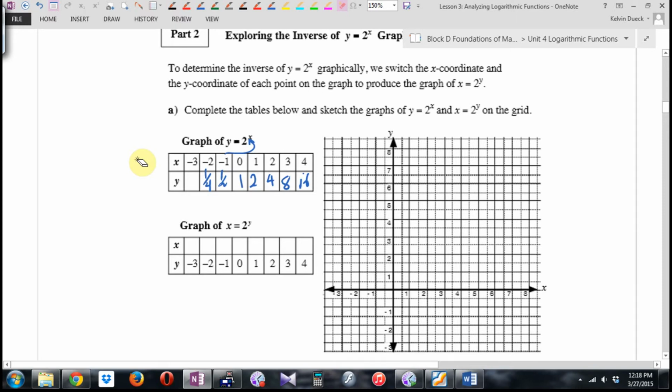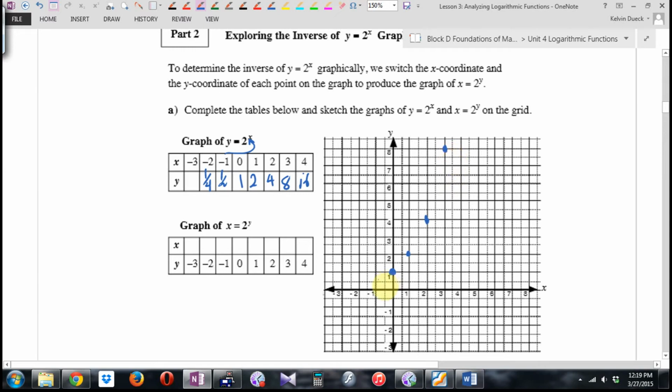It would definitely go through 0, comma 1 right there. The numbers don't quite line up, which is kind of yucky. 1, comma 2. 2, comma 4. 3, comma 8.